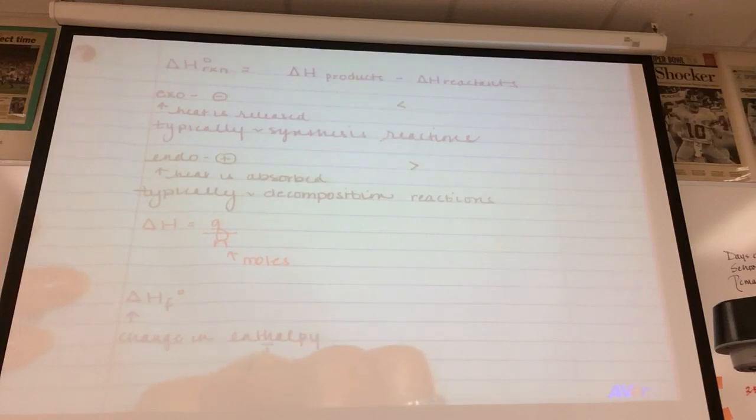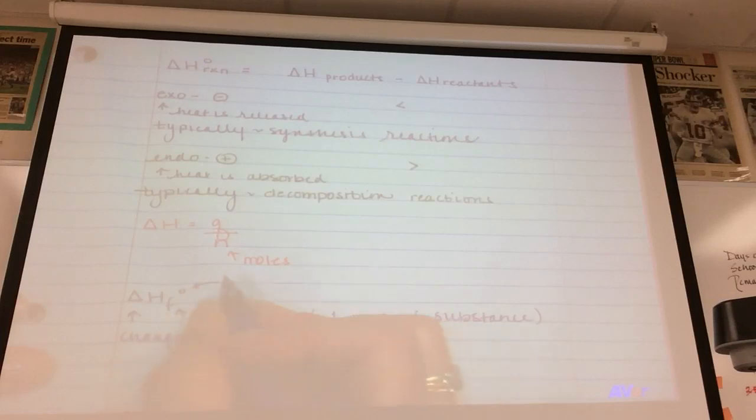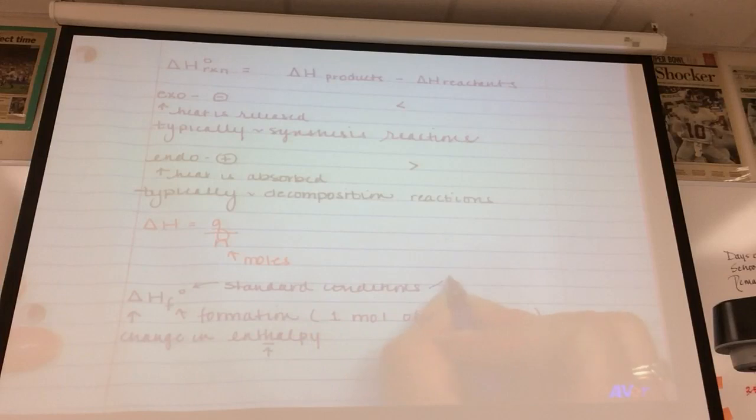Again, H. F is for formation, and you will be forming 1 mole of substance, and the not sign there, it looks like a degree sign, indicates standard conditions. 1 atmosphere of pressure, temperature of 25 degrees Celsius.